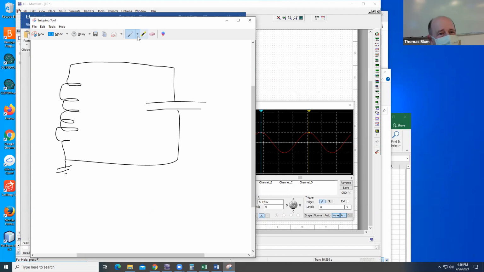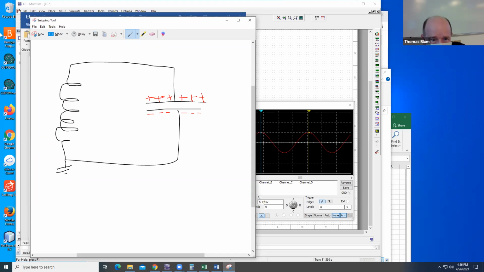Okay. And the capacitor was charged with pluses on this side and minuses on that side when we started. Before it was connected to the inductor, it was connected to the resistor and the battery charged up the capacitor.